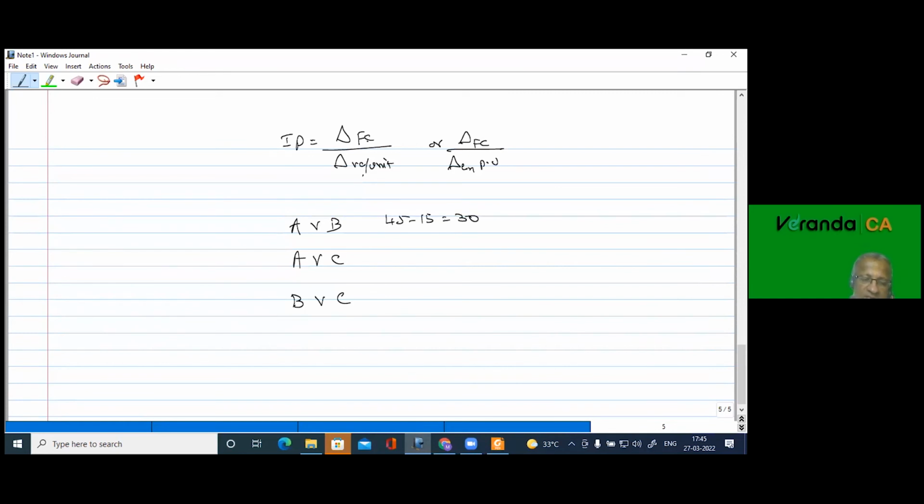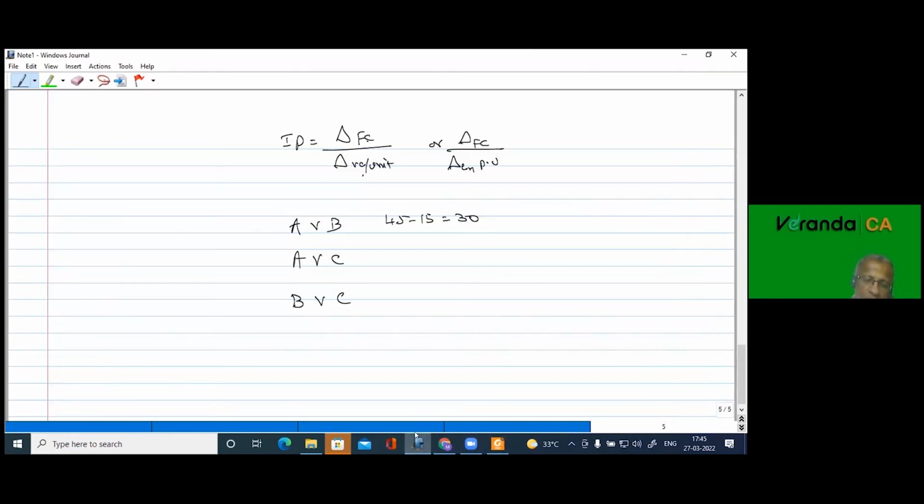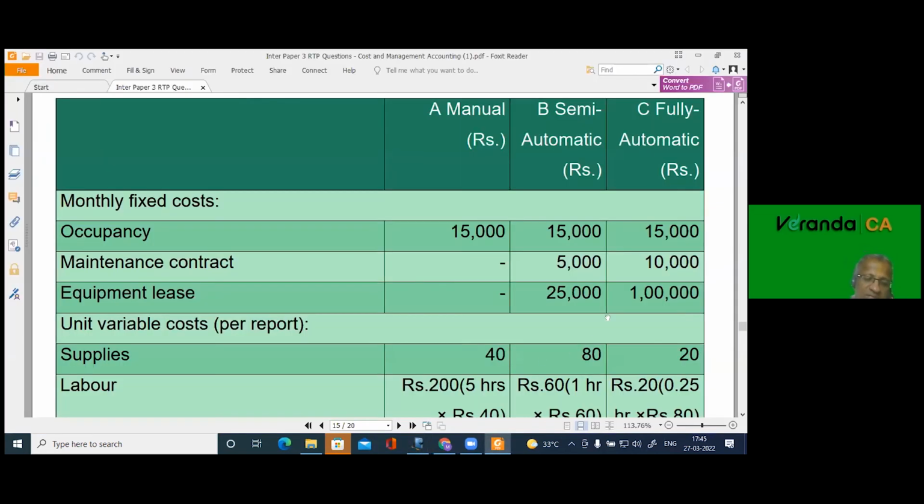Incremental fixed cost is 30. A versus C, this is 15,000, this is 1,25,000, so 1,10,000 is the difference in fixed cost. B versus C, 45 and 125, the difference is 80.